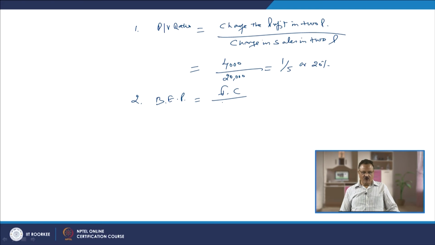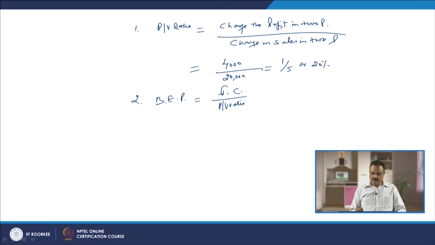If it has to be found in the form of value of sales, you can use the formula F into S divided by S minus V. And if you are not comfortable with these two formulas, then the third formula is fixed cost divided by PV ratio, profit to volume ratio, right.